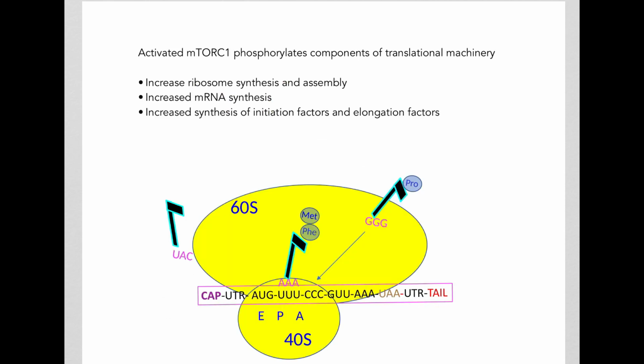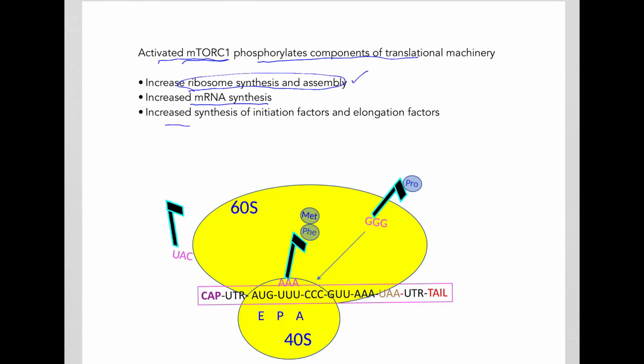And the activated mTORC1 then will go on and phosphorylate several components of the protein synthesis, or the translational machinery. This will result basically in increased ribosome synthesis and assembly. So the more ribosomes are synthesized and assembled, the more proteins will be made. It will lead to increased mRNA synthesis, which means more proteins will be made.